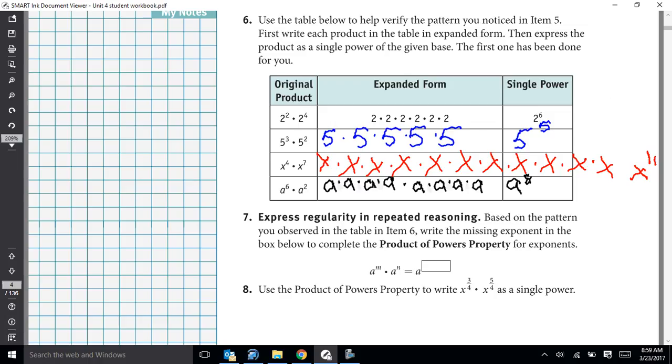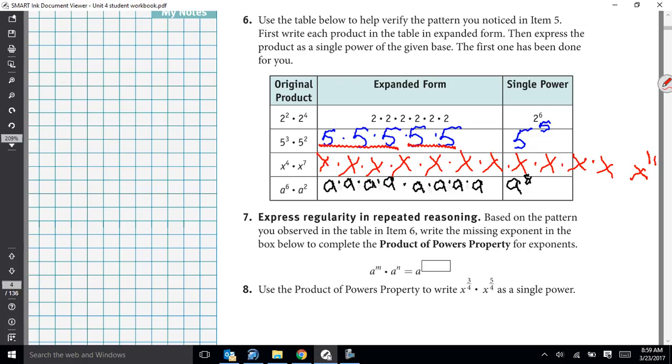What's our base here? 5. So we have 5 to the third represented by those first few. And then 5 squared is represented by those last two 5s. And so when we combine them together, how many 5s are we multiplying together? 5. So we have 5 to the 5th power.